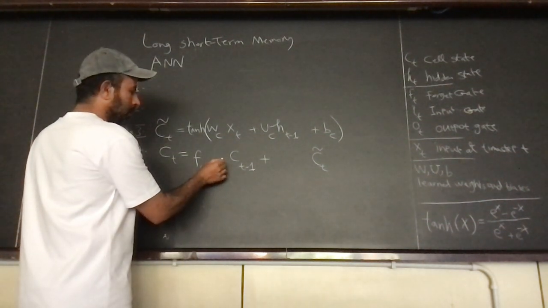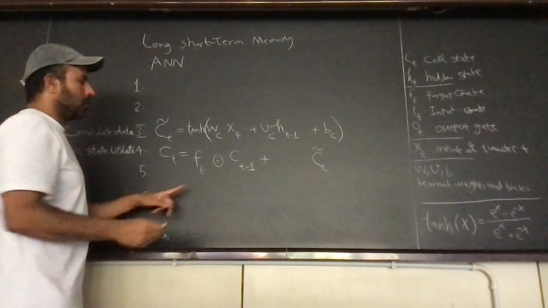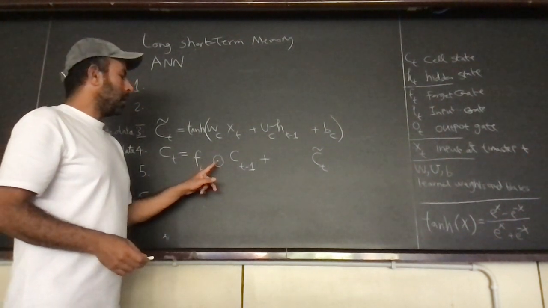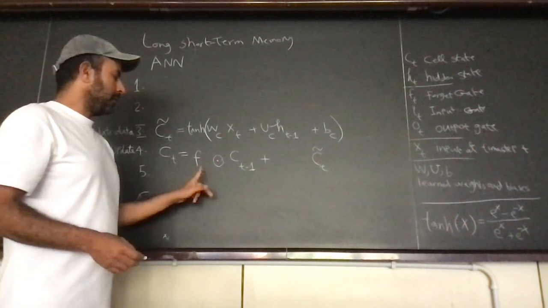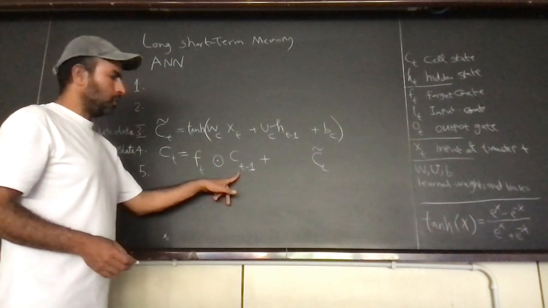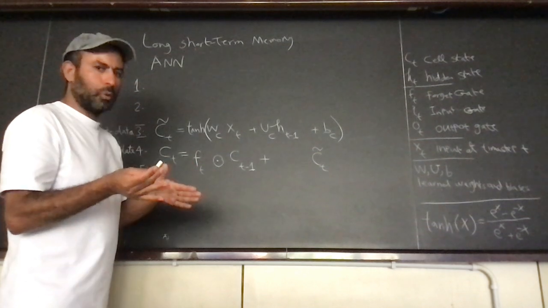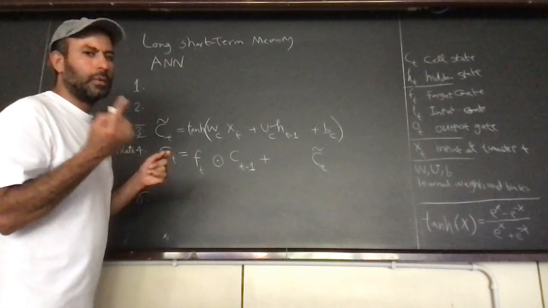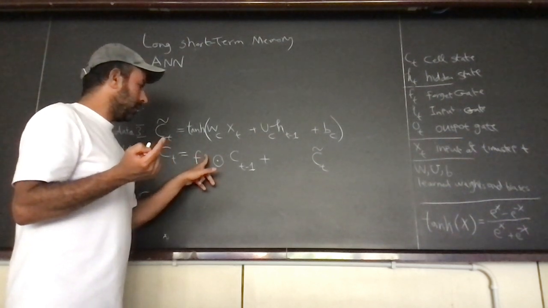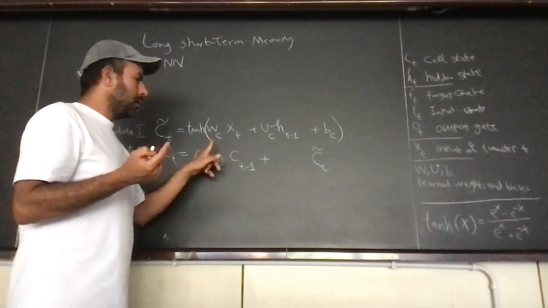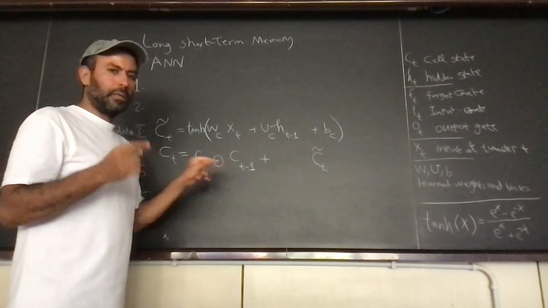We use this symbol which represents element-wise multiplication. If this is a vector, this should be the same dimension, same rows, because in this case it's one column, same rows, and each element here is multiplied by each element here.